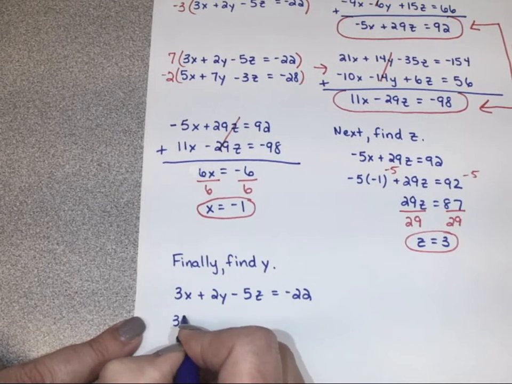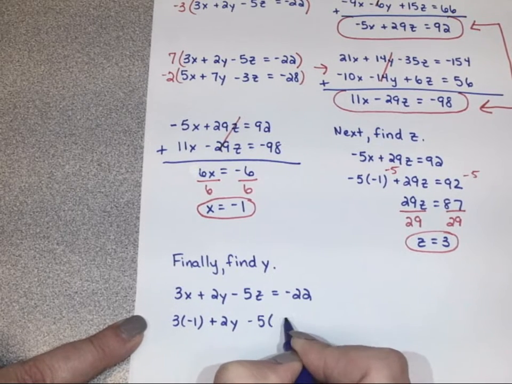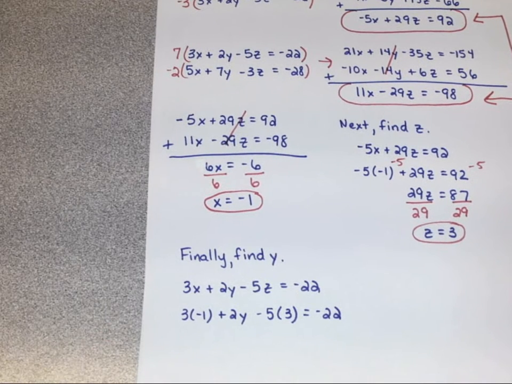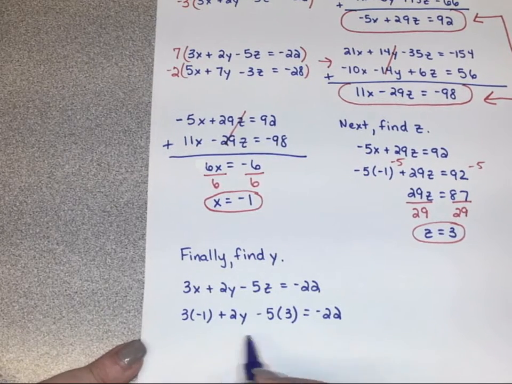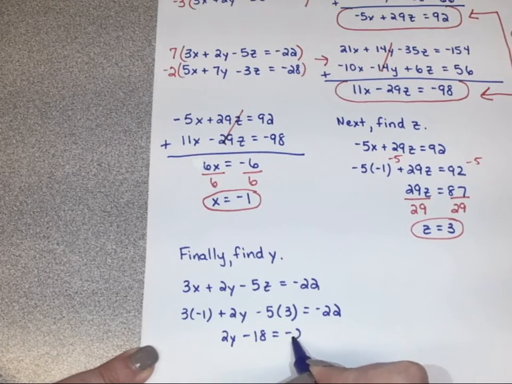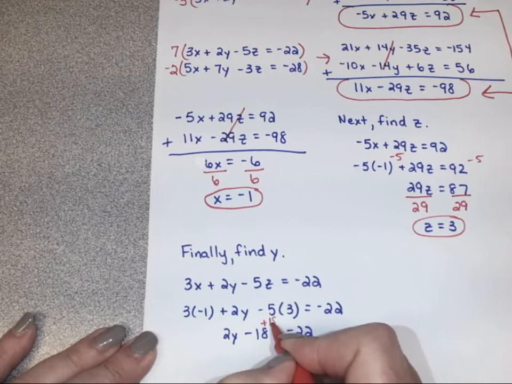So 3 times negative 1 plus 2 times y minus 5 times 3 equals negative 22. Don't get all the way to this stage and then make a goofy sign error, okay? So if we combine these, this is going to look like 2y minus 18 equals negative 22. And then we can just add 18 to both sides.